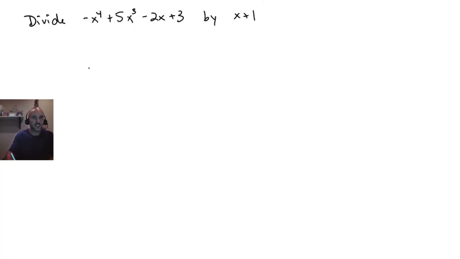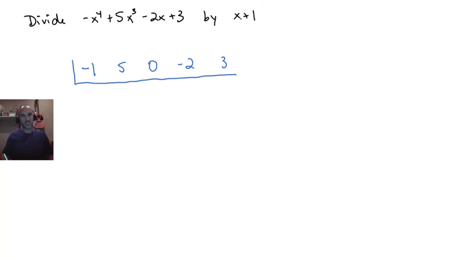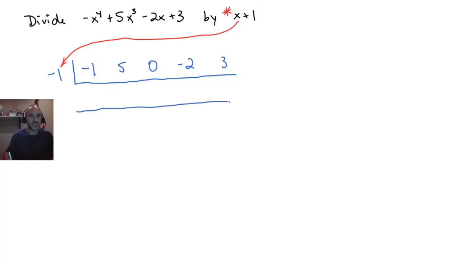Our dividend is negative 1x to the fourth, positive 5x to the third, 0x squared, we're missing an x squared term, negative 2x plus a constant of 3, divided by the divisor, which is the 0 of x plus 1. The 0 of x plus 1 is negative 1. Again, be really cautious about that. That's what everybody messes up naturally, right? So it takes practice. You have to work to remember that.